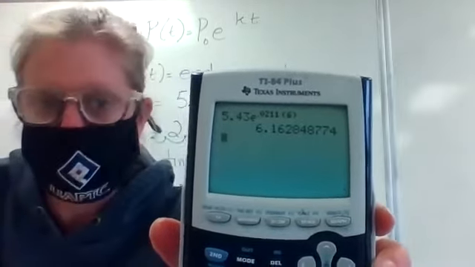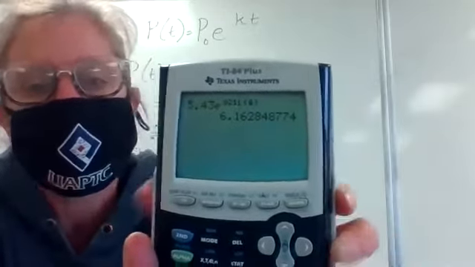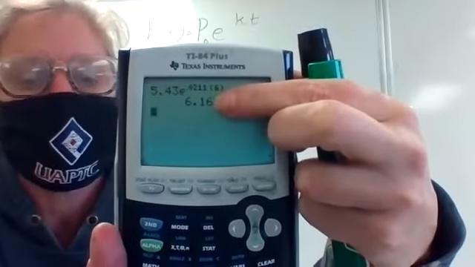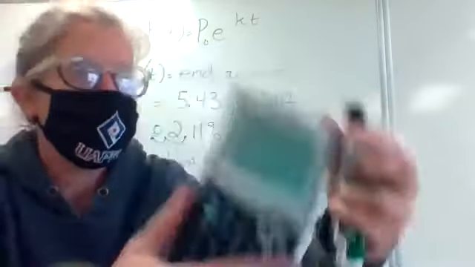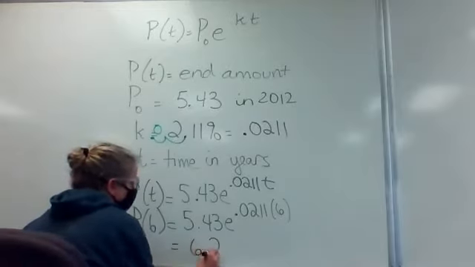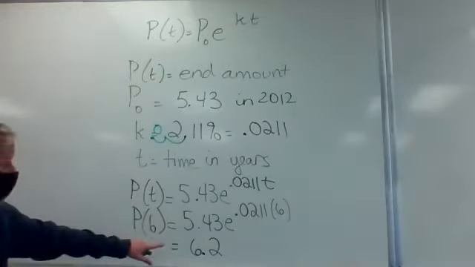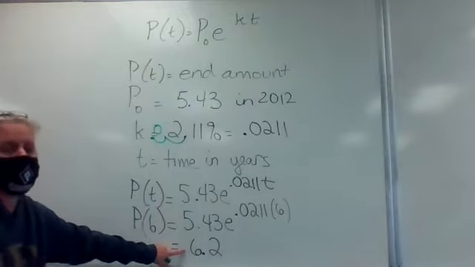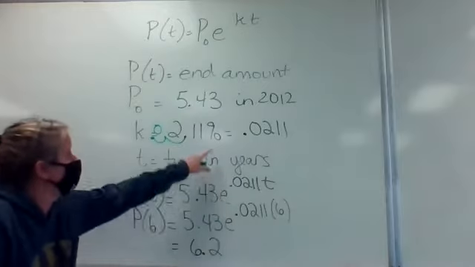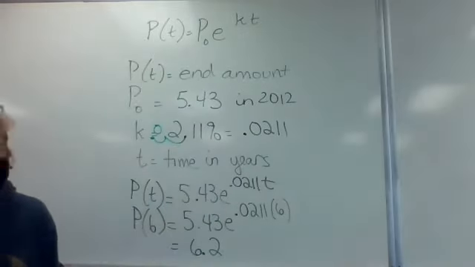And it says to round to 1 decimal place as needed. So I have 6.1. After the 1 is a 6, so I just round that up to 6.2. So what that's saying is the population will be 6.2 million after 6 years if it's growing at 2.11%.